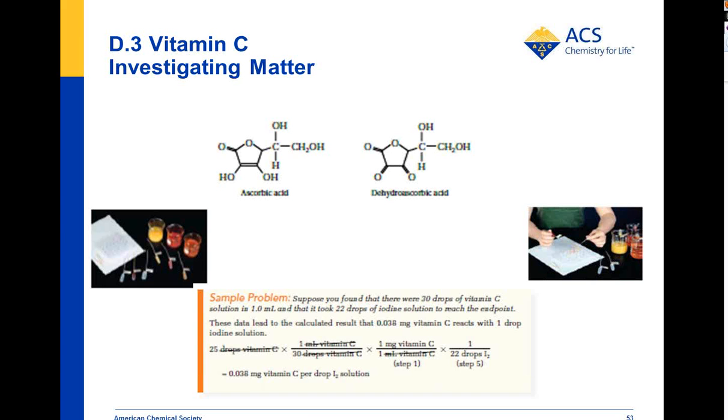One of the things I do is they're doing vitamin C analysis, so one of the things I begin with is just demoing the reaction between the iodine and starch. I usually use the starch pellets that come in packing materials.